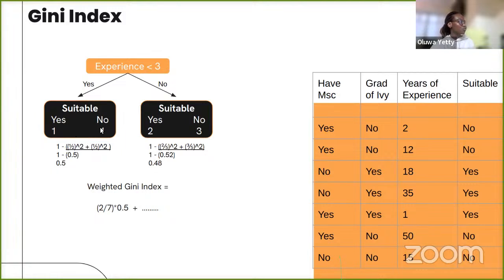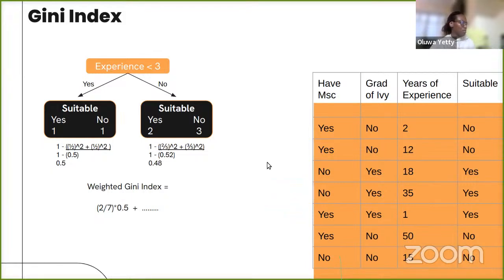We had 2 suitability because one is under yes, one is under no. So 1 plus 1, which is 2, over the total number of the data set we have. So here we have 1st row, 2nd row, 3rd, 4th, 5, 6, 7. 2 over 7 times the probability that we've calculated for when it is yes and no. That's what we have here.